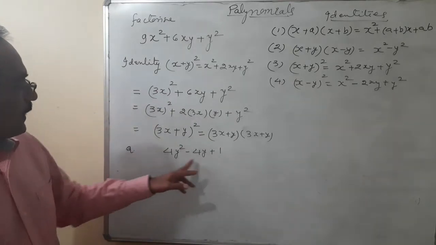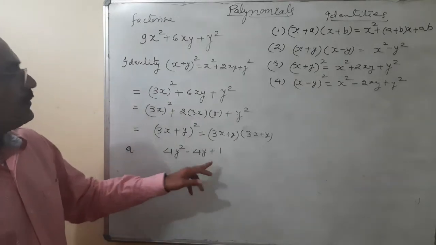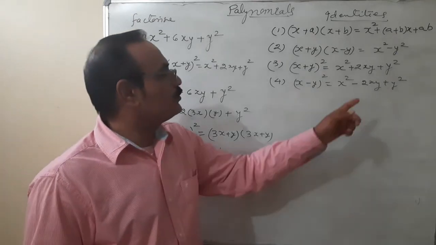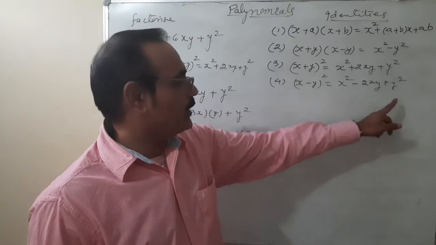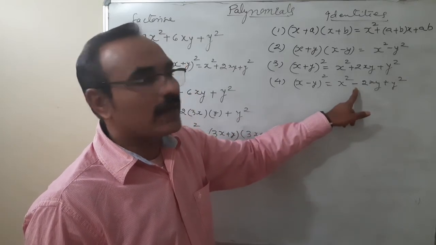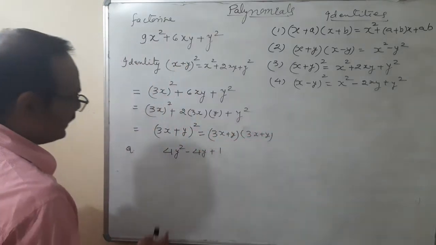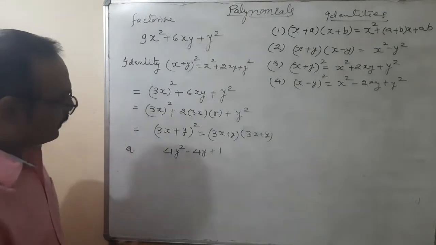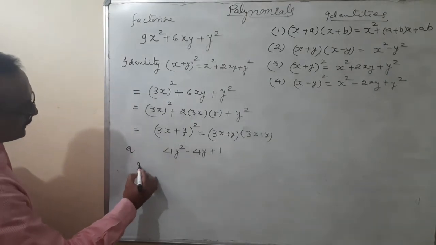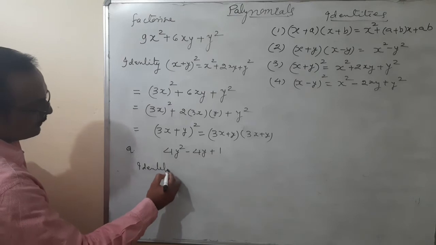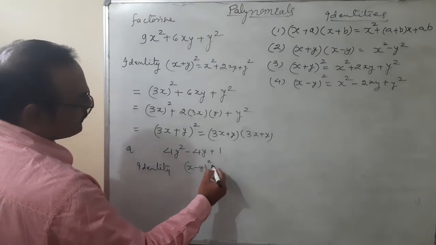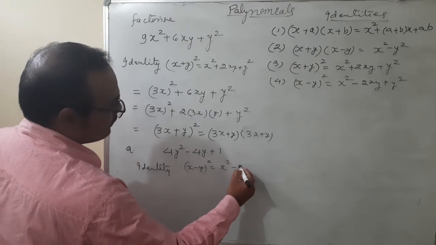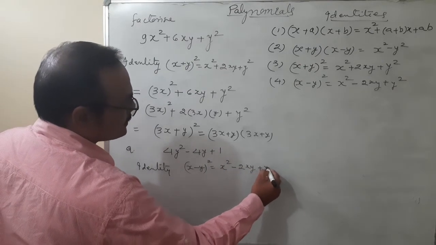This extended form is to be matched with identity number 4, because there is a minus sign here and also a minus sign in the identity. So I am using the identity x minus y whole square is equal to x square minus 2xy plus y square.